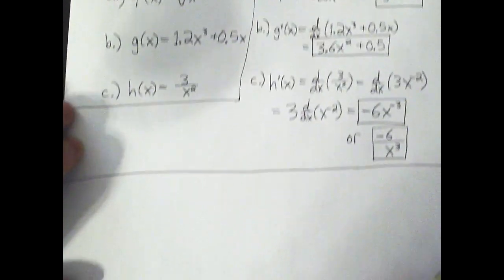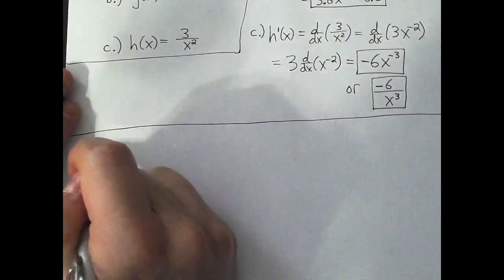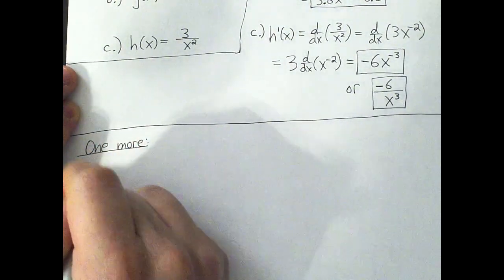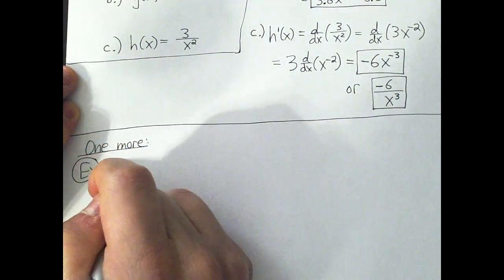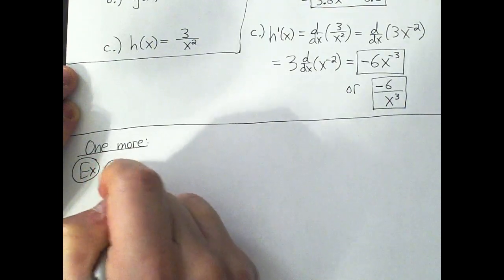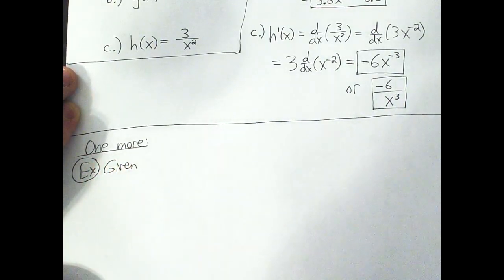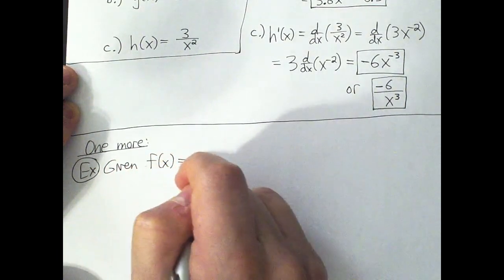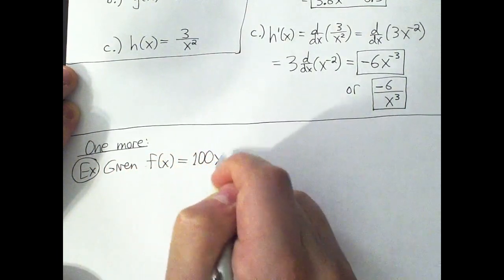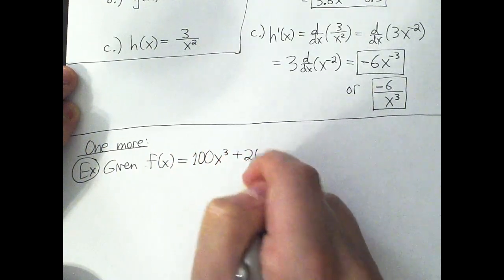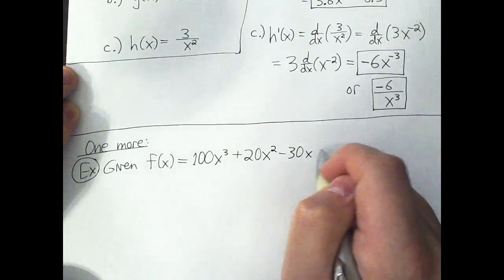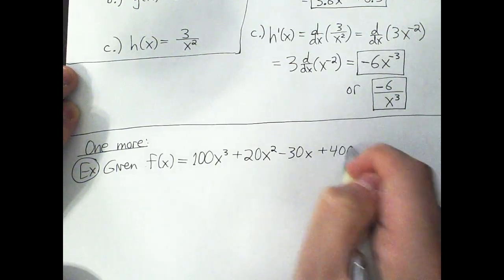Okay, I've got one more that I want you to try for today. So, example. Wait till I write the full problem, because this is going to ask something slightly different. So, given f of x equals 100x cubed plus 20x squared minus 30x plus 4,000.